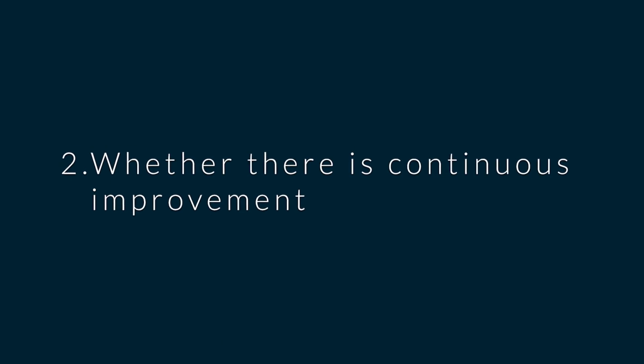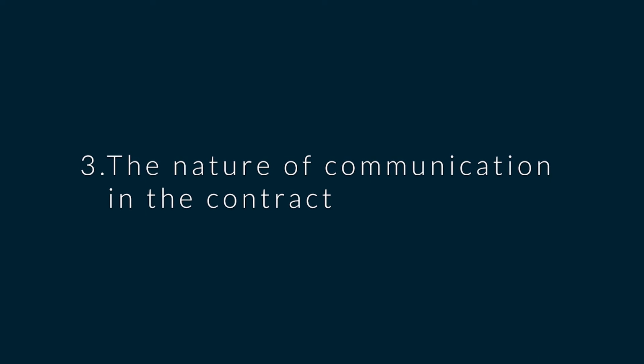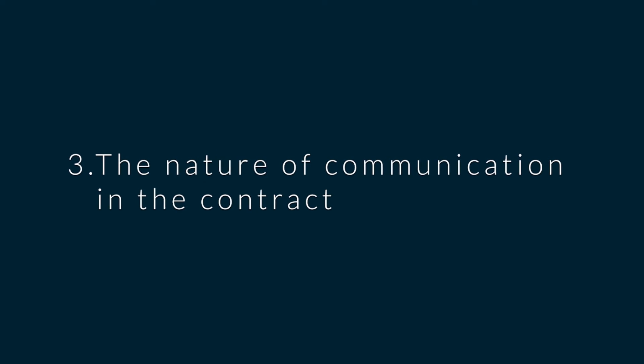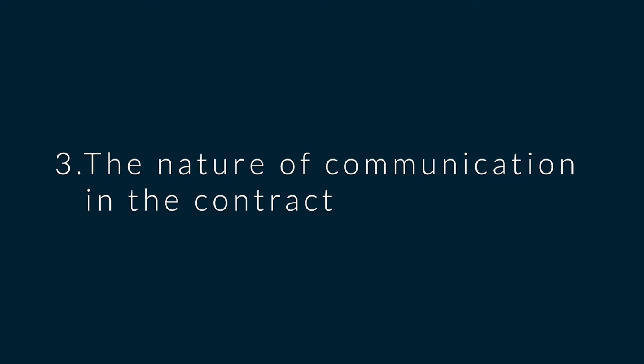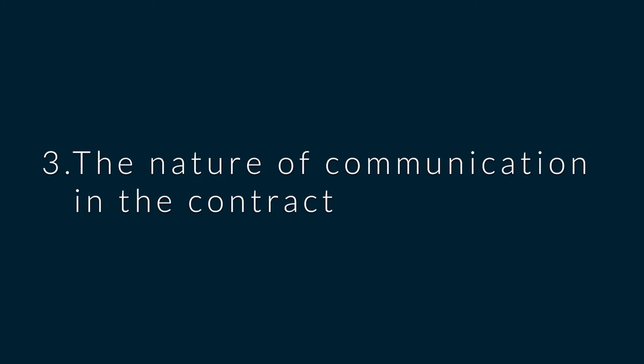Next, whether there's continuous improvement, and again, that will depend on the length of the contract. If a contract is taking a longer time, then there are innovations and improvements that will probably be required depending on the circumstance. And number 3, the nature of communication in the contract. Those are things that are going to help you with contract performance.